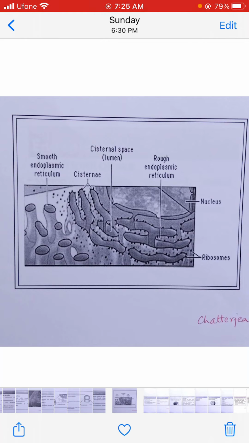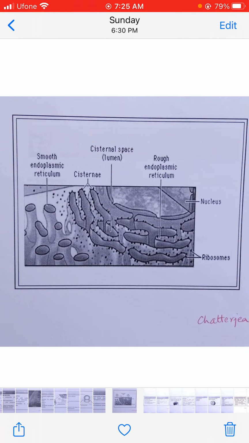The walls of the endoplasmic reticulum are called the cisternae, while the space inside the cisternae is called the cisternal space or the lumen.